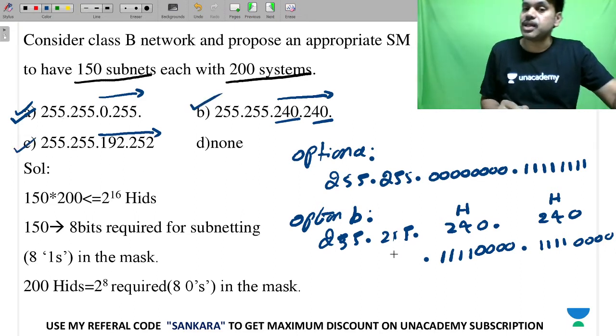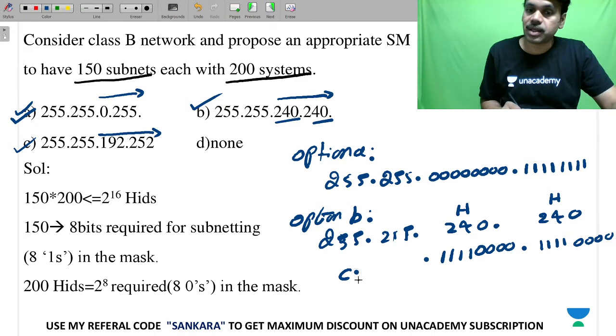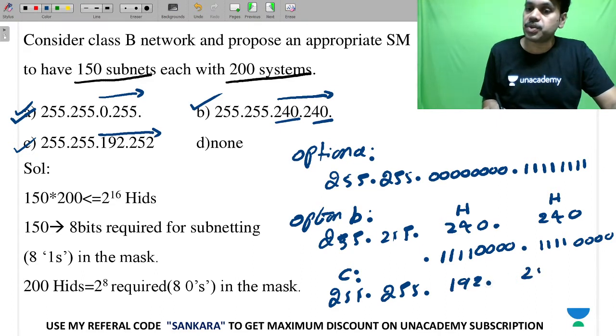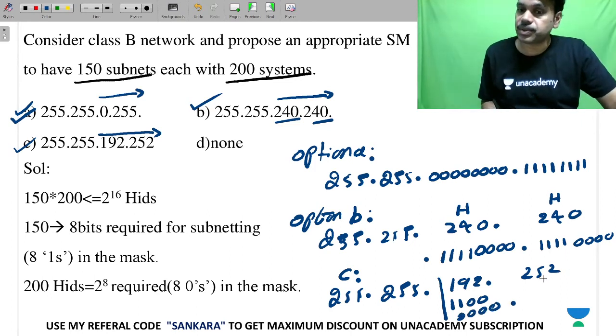And option C, let us see. What is option C? 255.255.192.252. So what is 192? Double one and 6 zeros. And what is 252? 1 2 3 4 5 6 ones and double zero.